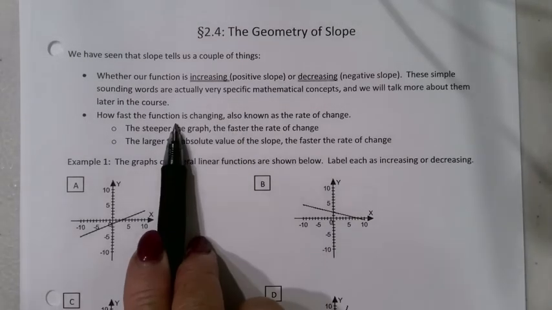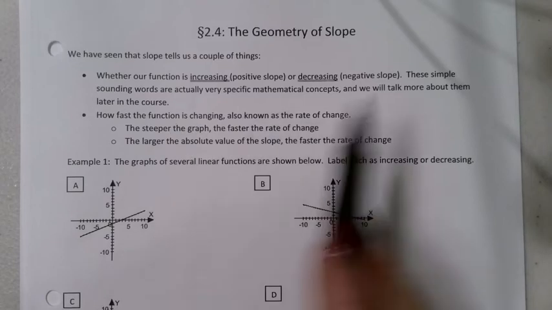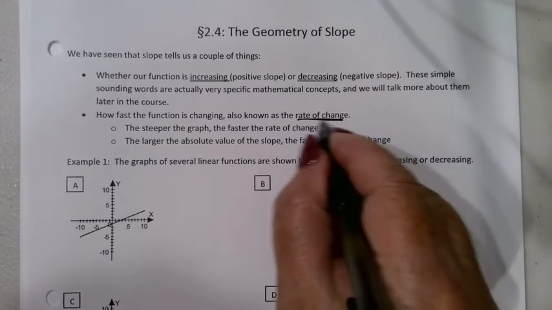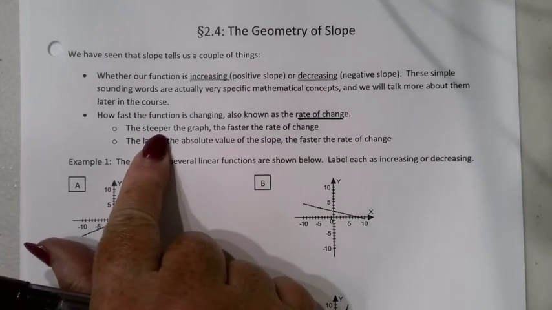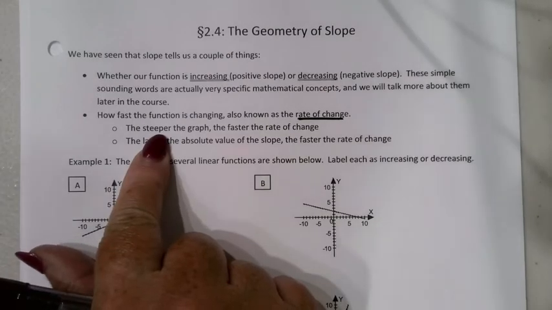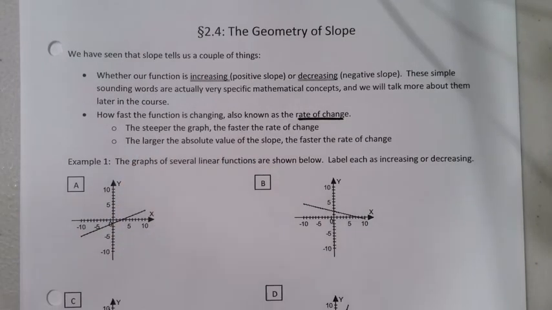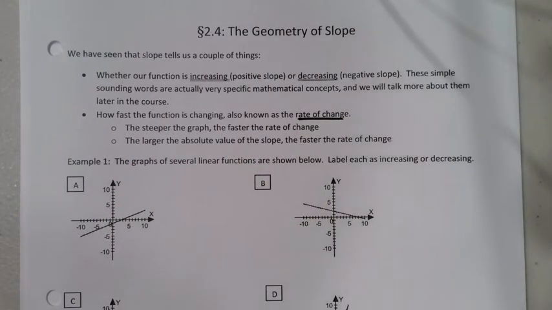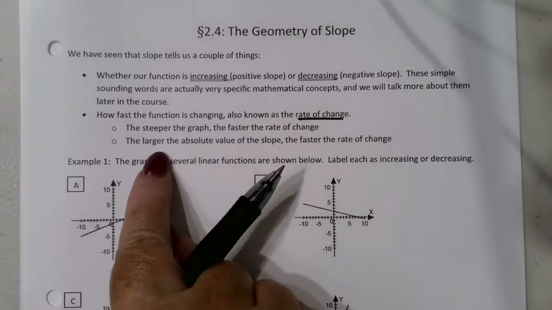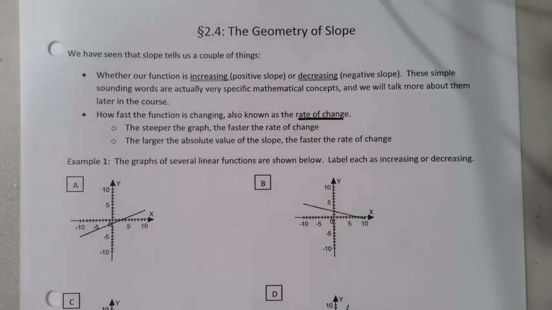How fast our function is changing, the rate of change, is visible geometrically on the graph as the steepness of the graph. Right? The steeper the graph, the faster the y value is going up, and therefore the faster the rate of change. The larger the absolute value of the slope, therefore the faster the rate of change.